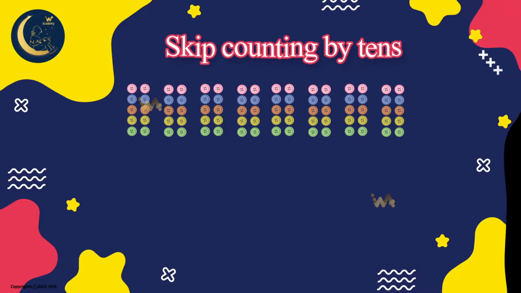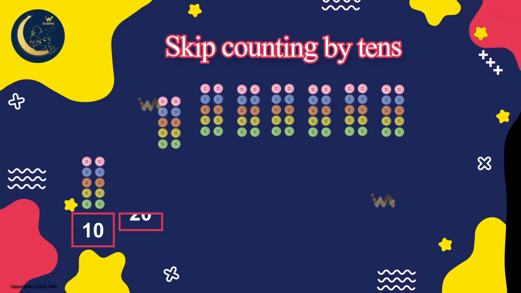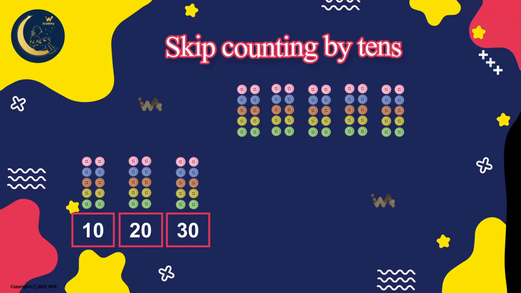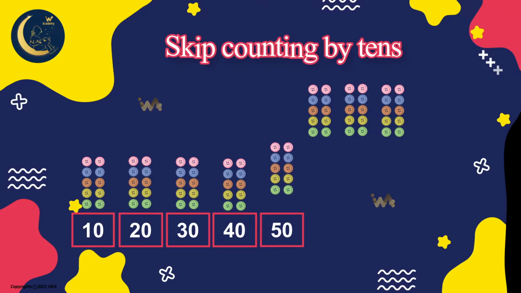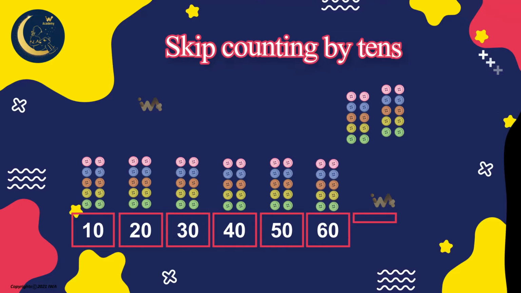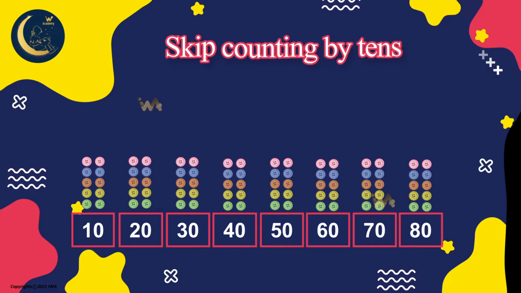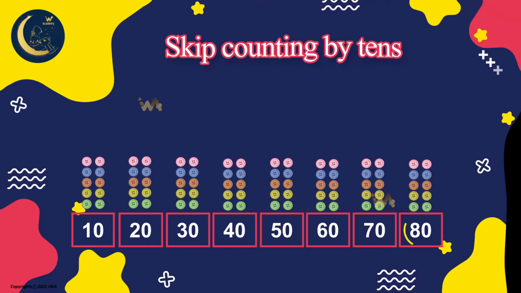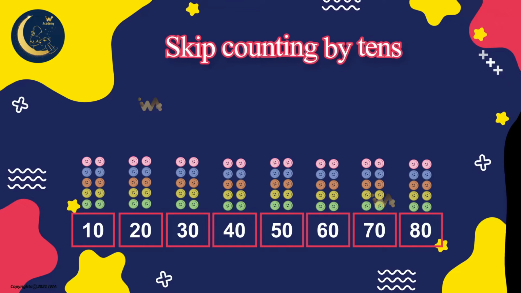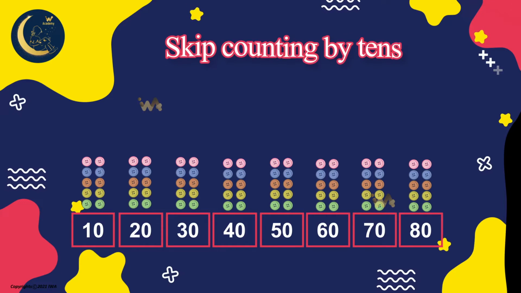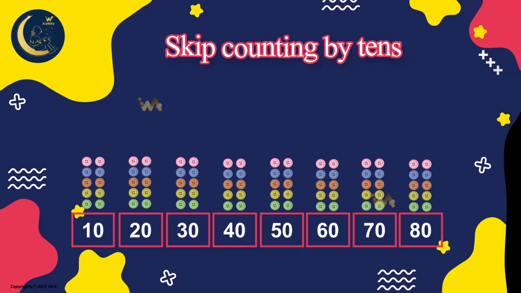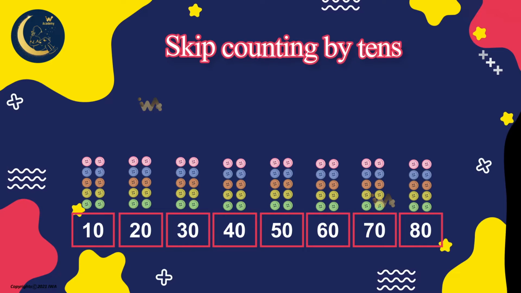Let's start counting together. 10, 20, 30, 40, 50, 60, 70, 80. Well done, my friends. You are amazing. We have 80 buttons. What do you think of the skip count? It's fun and easy. Shall we count more numbers? Let's go.